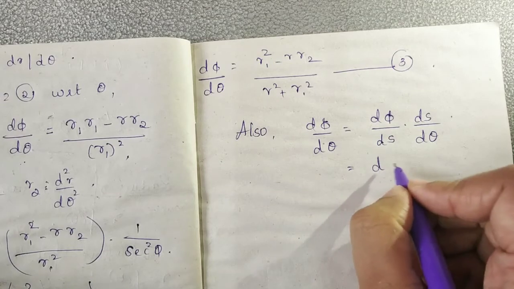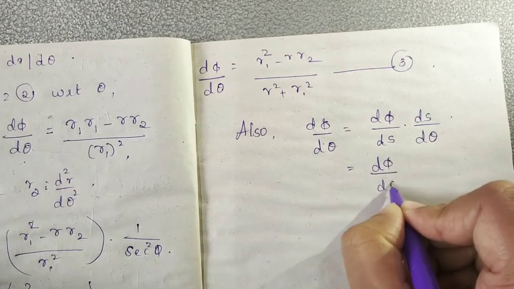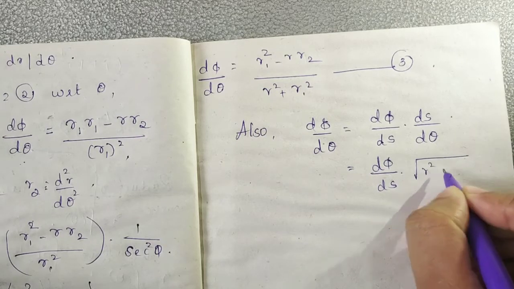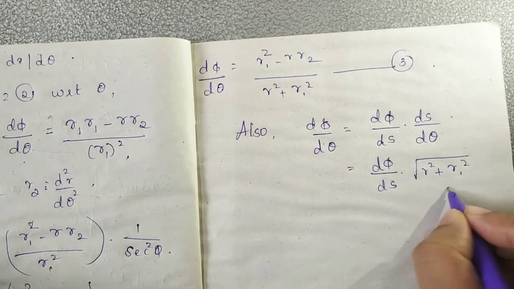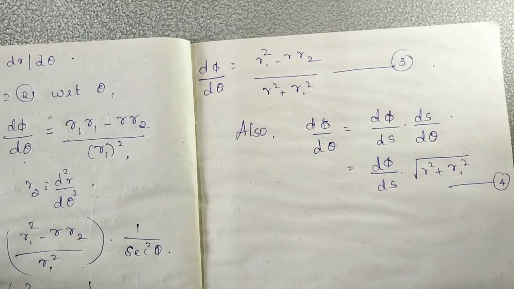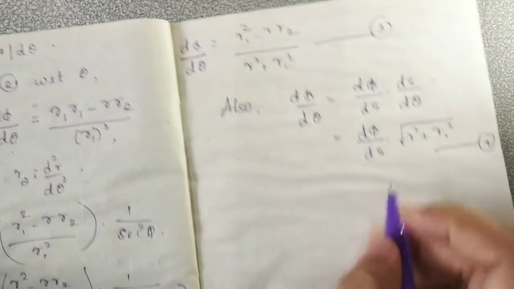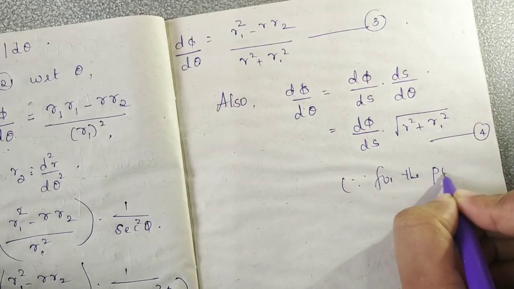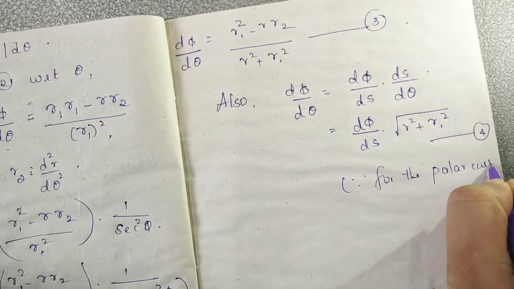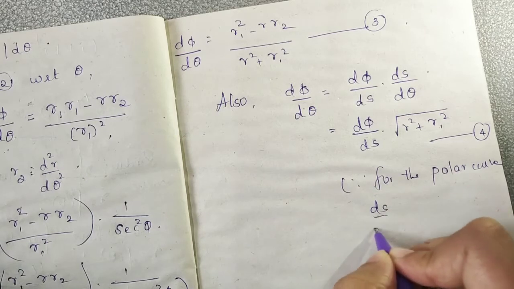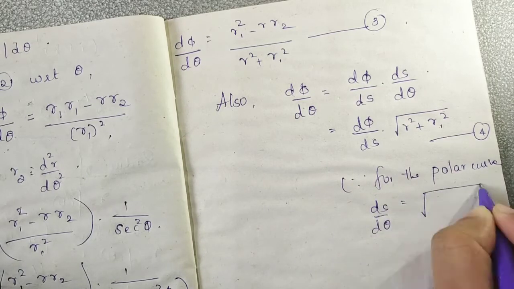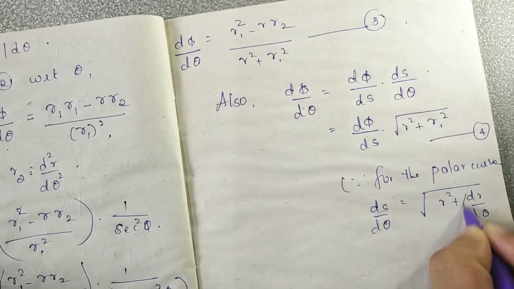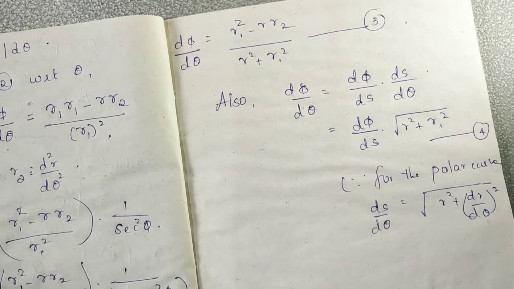So, it will be d phi by ds into, the value of ds by d theta, which is the square root of r square plus r1 square. Call this equation 4. I think you know the result. For the polar curve, ds by d theta is equal to the square root of r square plus dr by d theta the whole square.